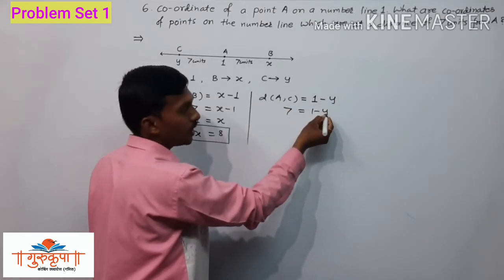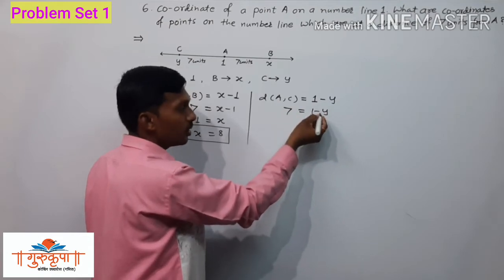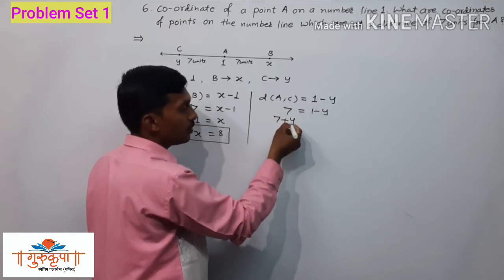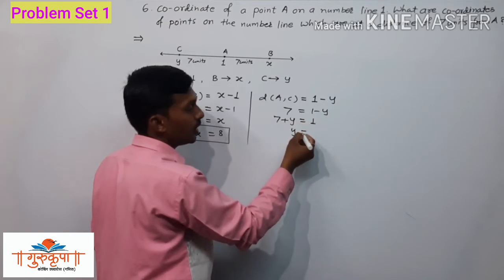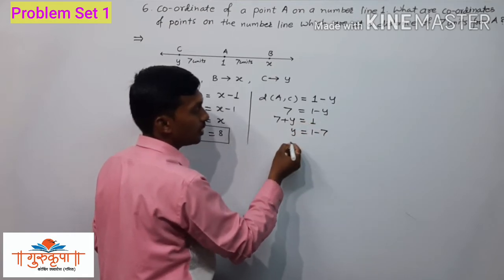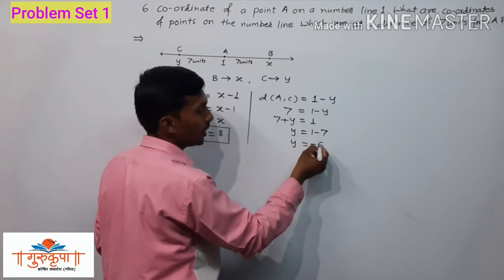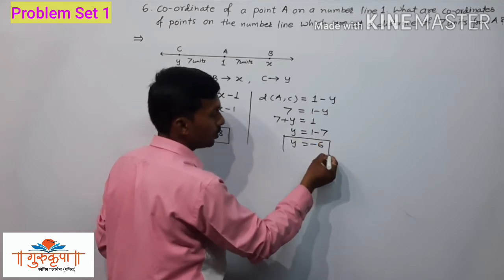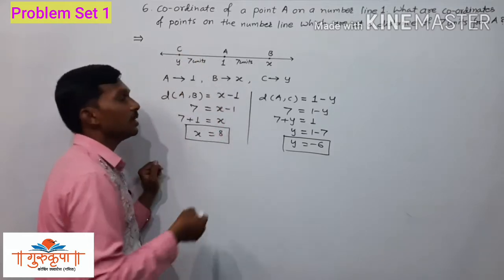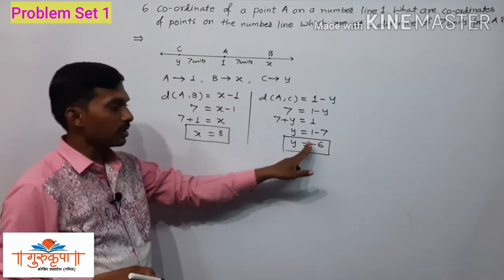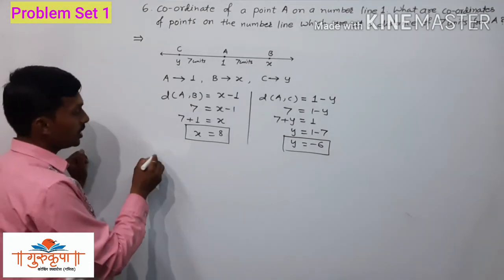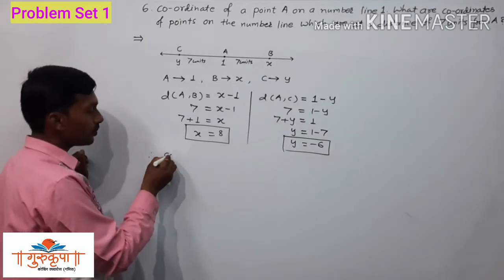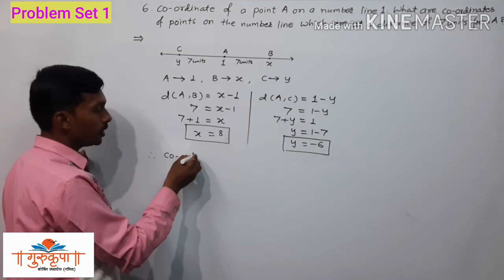Now since we have to find the value of y, we will transfer minus y to the right side, it will become 7 plus y is equal to 1, and now we will get y is equal to 1 minus 7, that is y is equal to minus 6. The coordinate of the point C is minus 6. So here we get the coordinates of both the points. So we can write the answer in words, coordinates of the points.